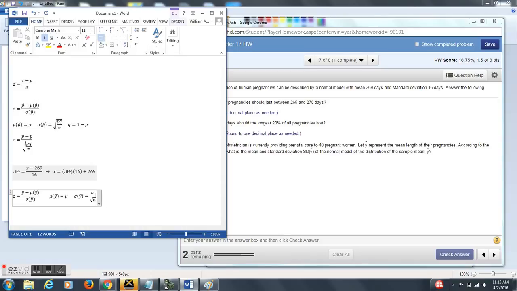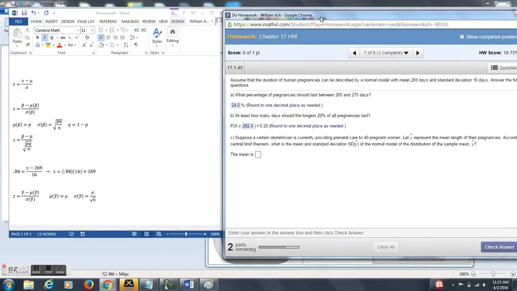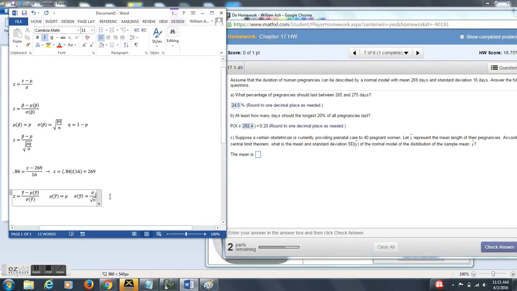If I put it all together, it's a lot like the original formula here, just mu is still mu and sigma is sigma over root n.